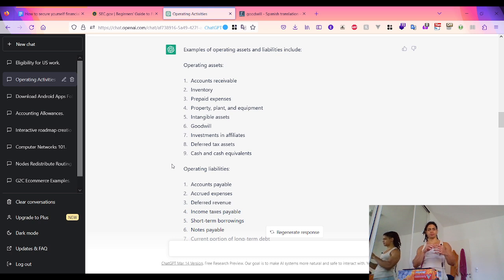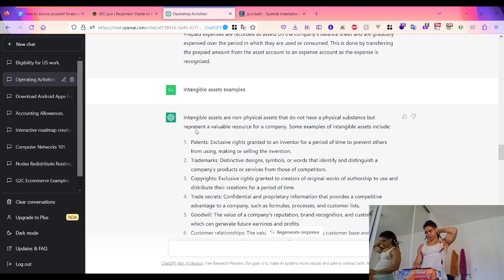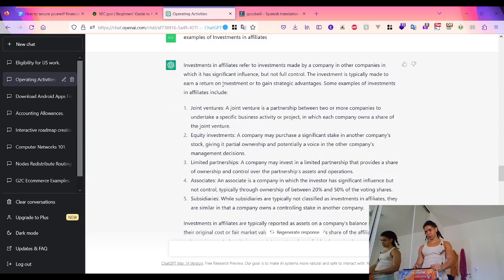They do that to gain strategic advantage or to earn revenue from the investment, or earn a return on investment.